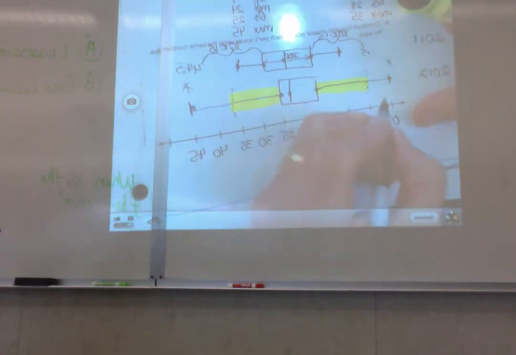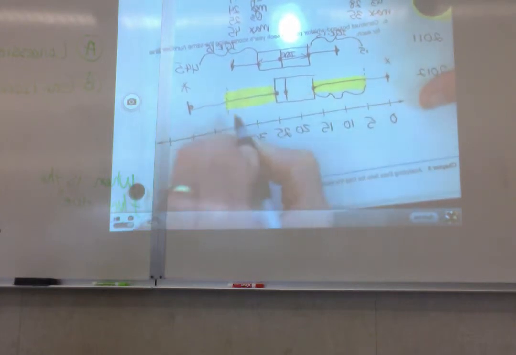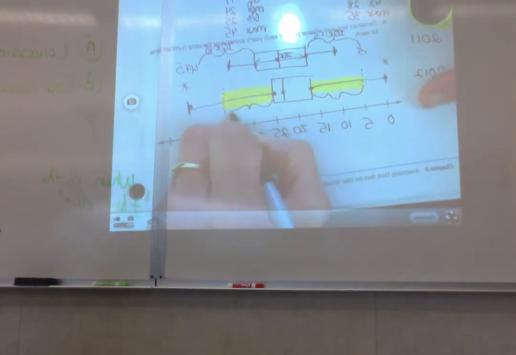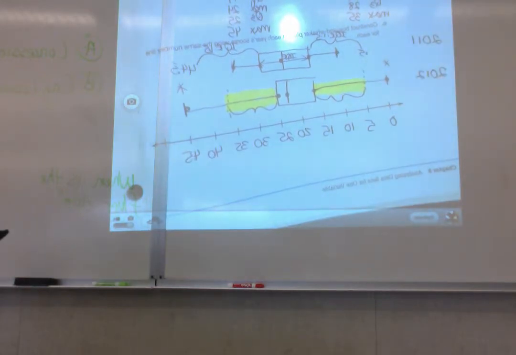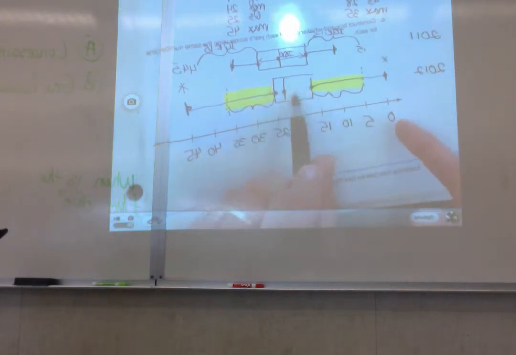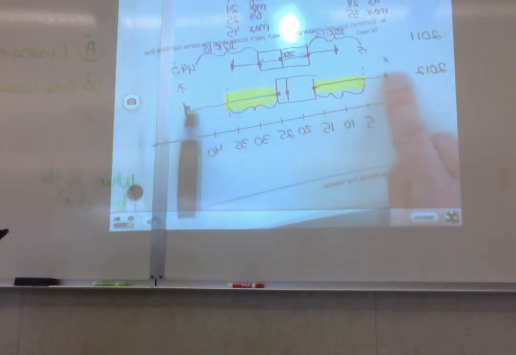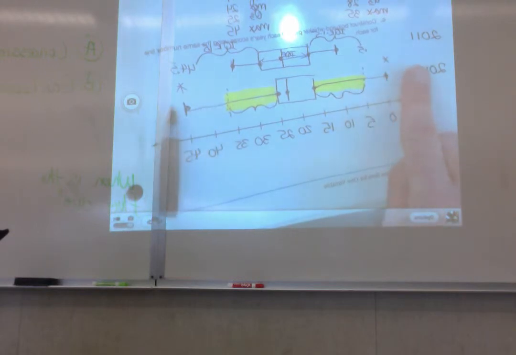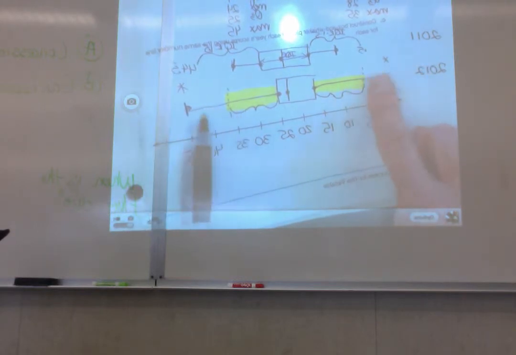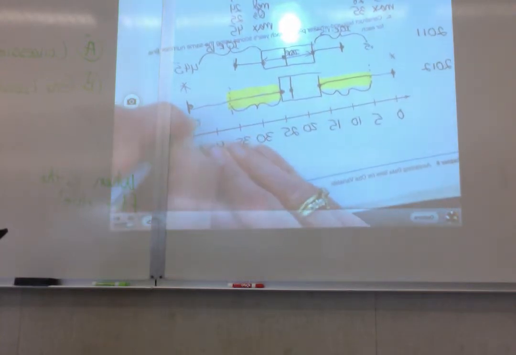So again, here's the lower fence. Here's the upper fence. And that's just an area on either side of the middle 50%. What we see here is that in this case, we do have some values that are way far out. In statistics, those are called outliers.